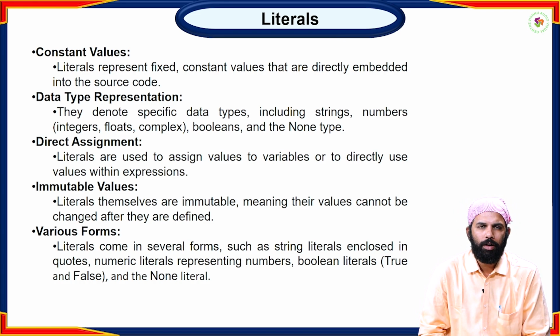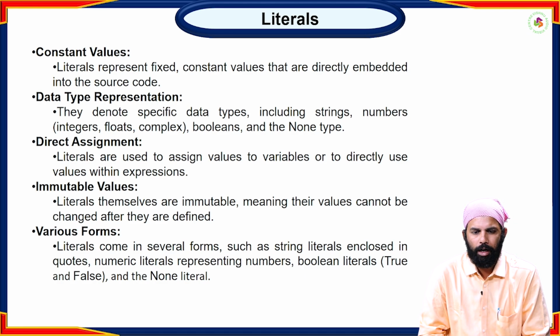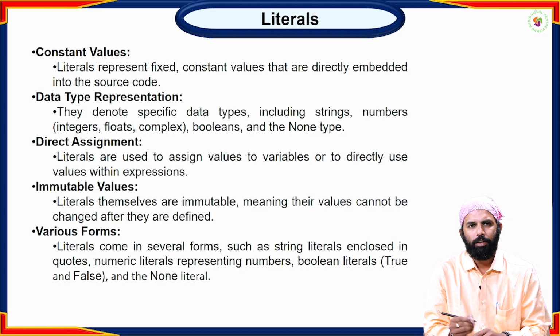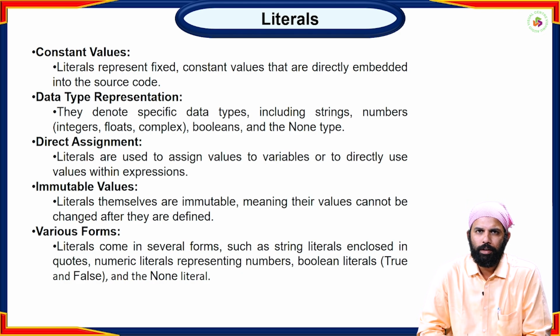Which kind of data are we allowed to give to a program in Python? We are allowed to give constant values whose meaning is fixed, and they are directly embedded into the source code. That means literals represent fixed, constant values whose meaning cannot be changed and can be directly embedded in the code.